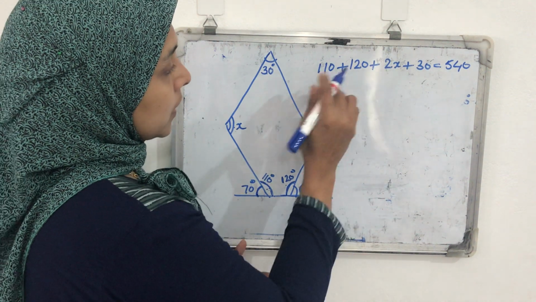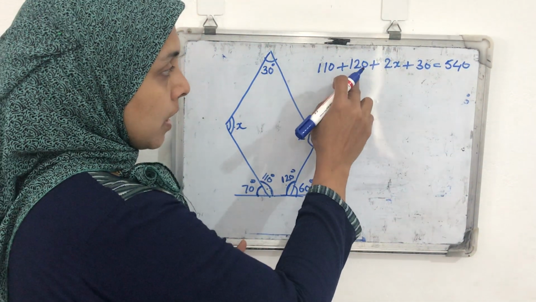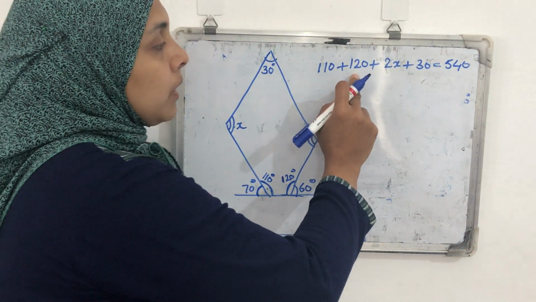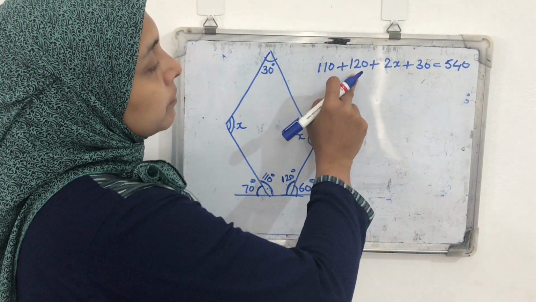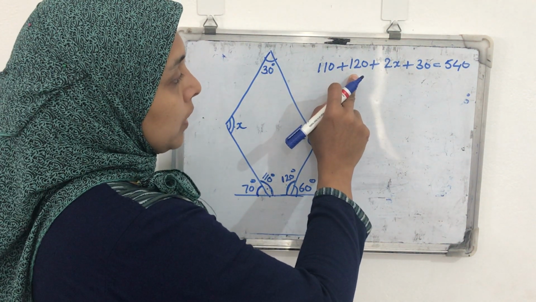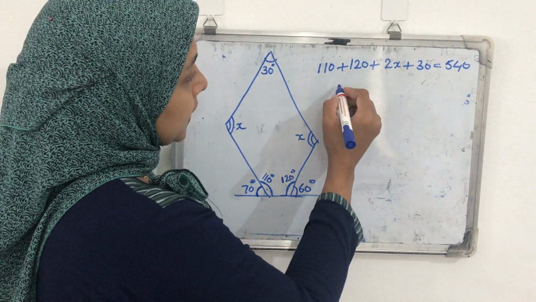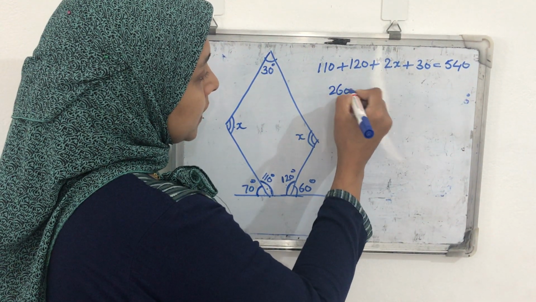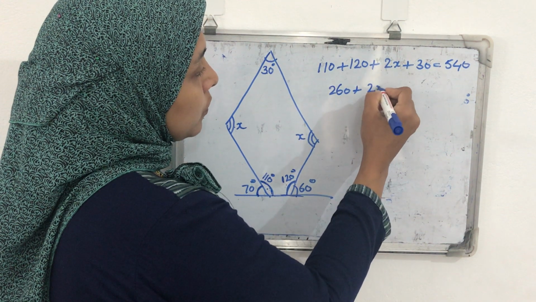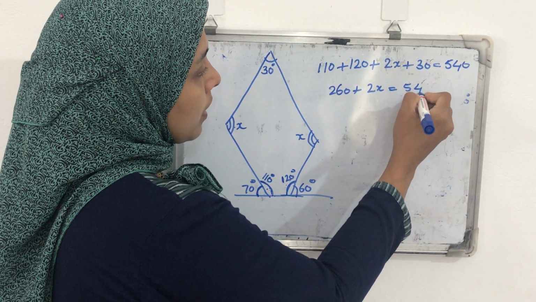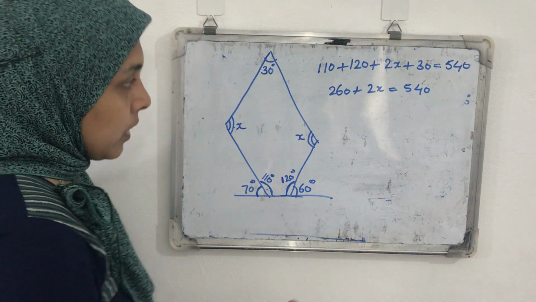Then take this sum, 110 plus 120, which is 230. Okay, 230 plus 30 is 260. That is 260 plus 2x equals 540.